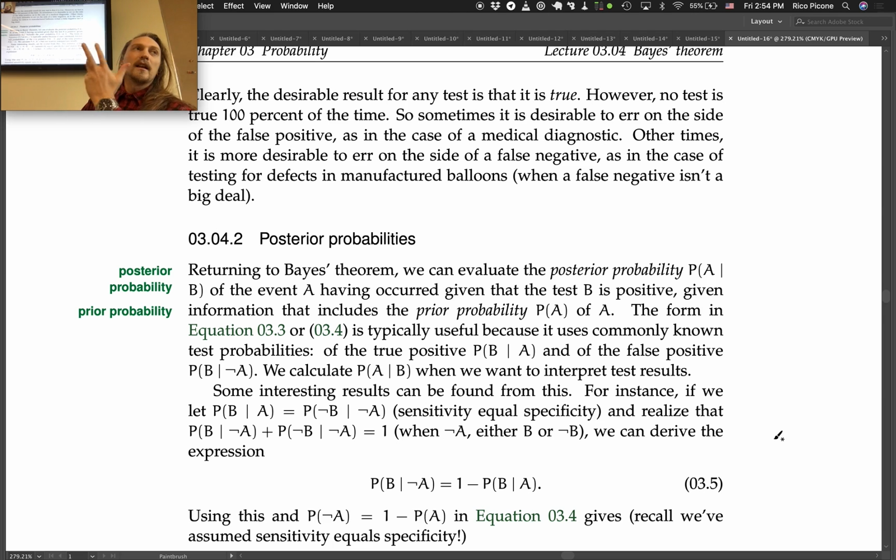So this is like, okay, I got a test that says I have a certain disease and I want to go back and say, okay, this test has some probability of detecting this situation if I have this.